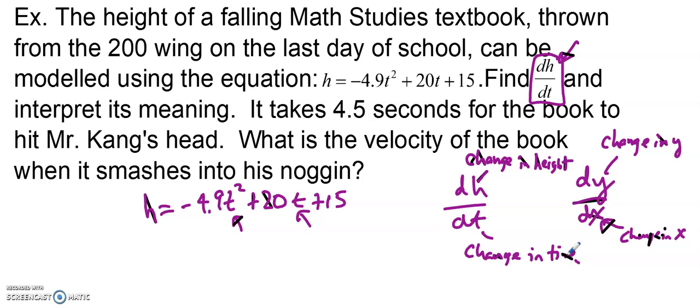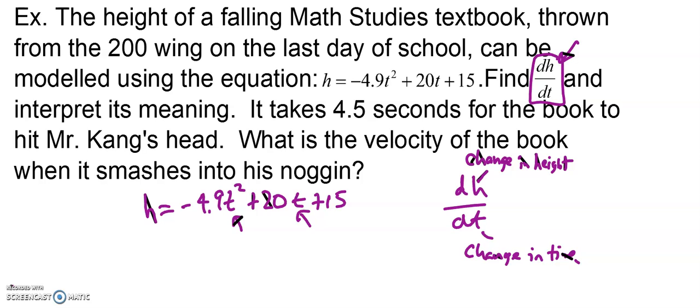That's what t stands for. So this will figure out how fast your height is changing as your time changes. Now, what's that called in physics? Every time you have a change in distance over a change in time, we call that the velocity of the object.